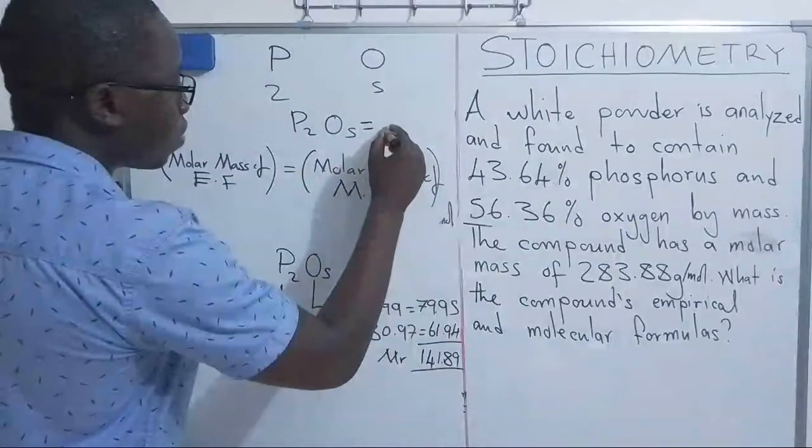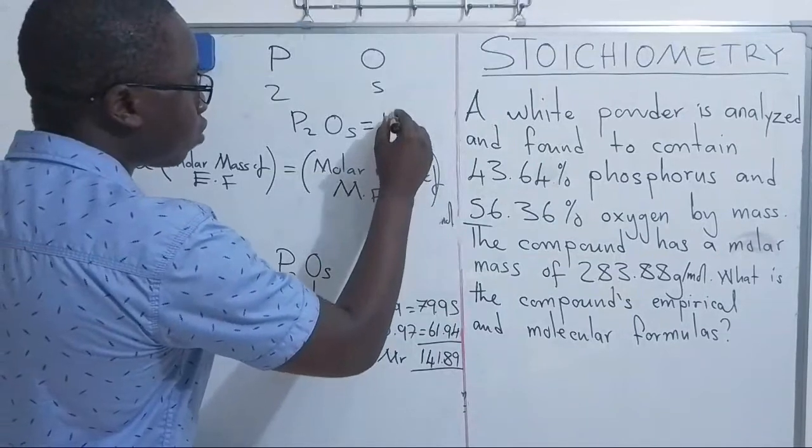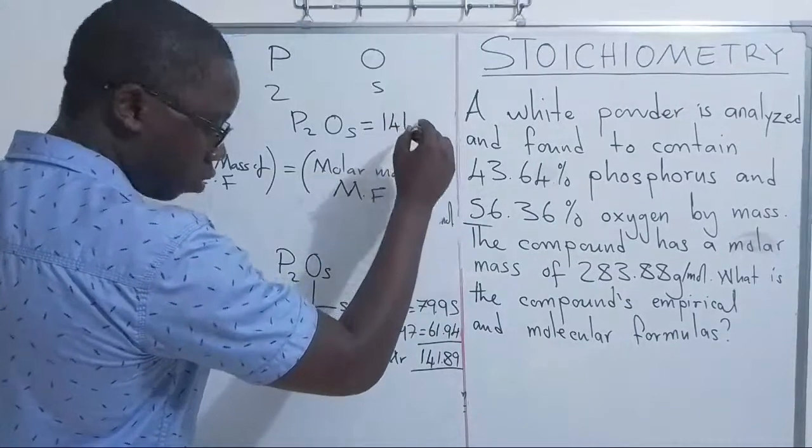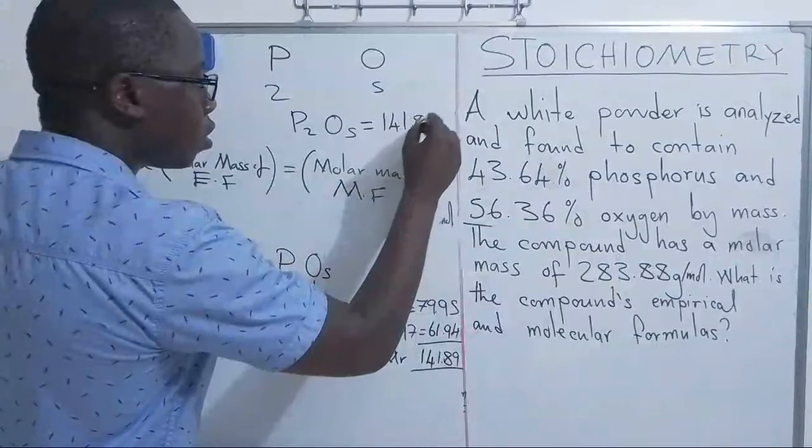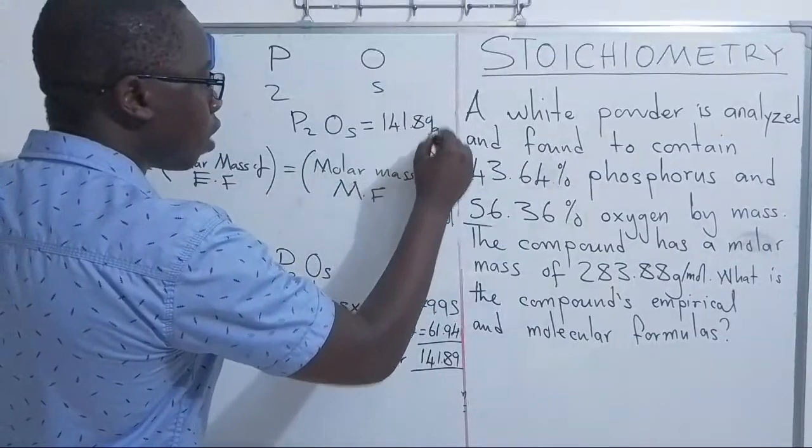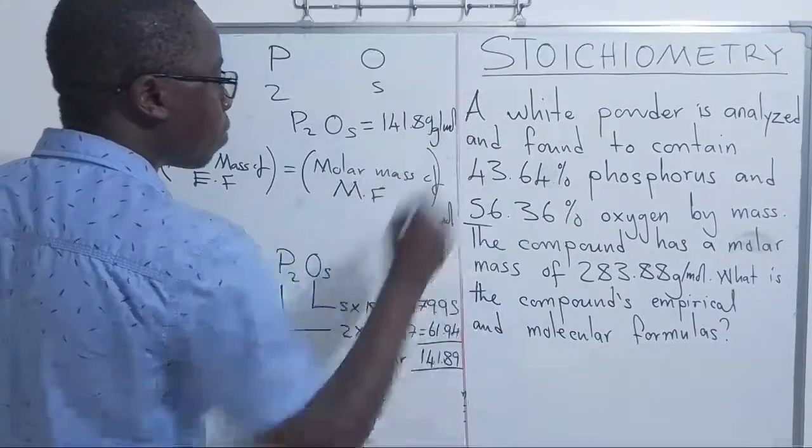So this empirical formula has 141.89 grams per mole.